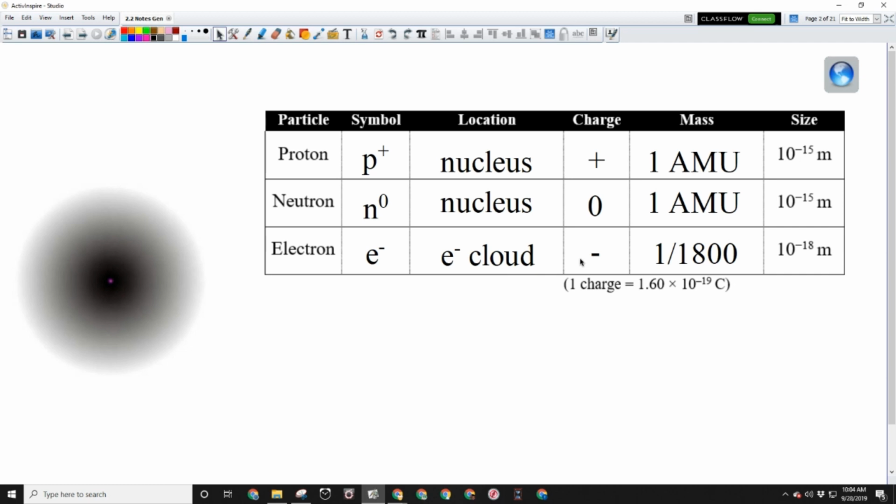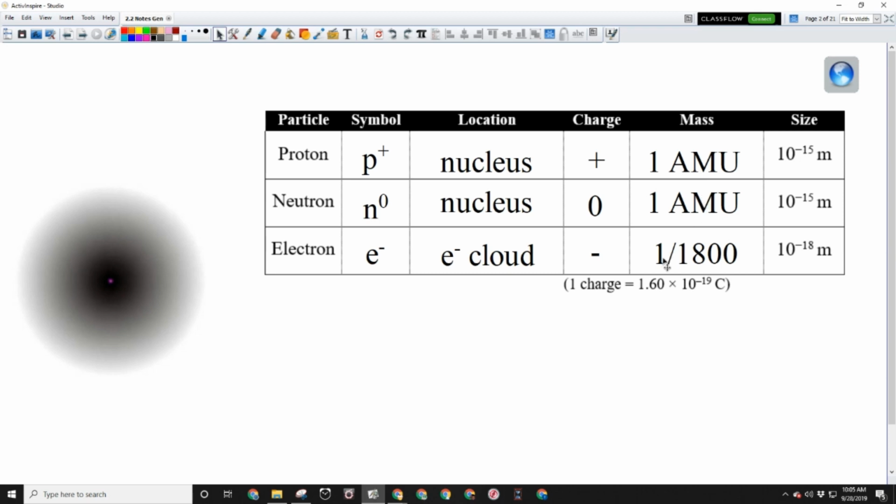When we talk about the mass of protons, neutrons, and electrons, we talk about them as being an atomic mass unit, 1 AMU. A proton has 1 AMU, a neutron has 1 AMU, but the mass of an electron is only 1/1800th of an AMU. So it takes 1,800 electrons to equal the same mass as a proton or a neutron.